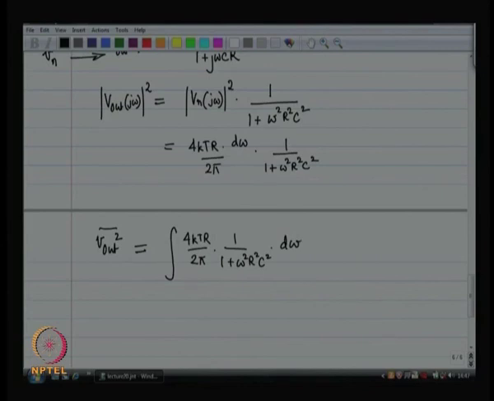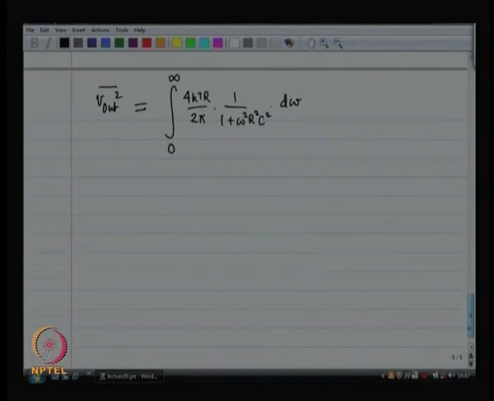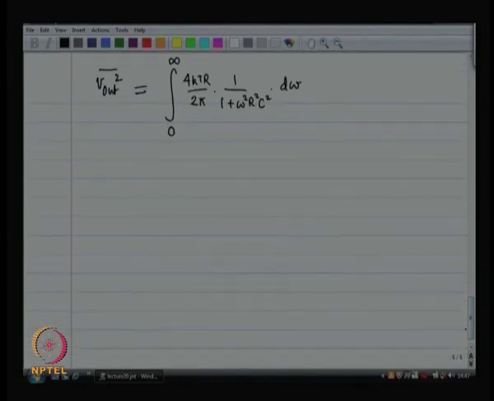Going from what to what? Traveling from frequencies starting from 0 all the way to infinity. Okay, so, omega is going to range over this entire bandwidth. Now, we have to work on this integral. This integral is actually not very difficult.